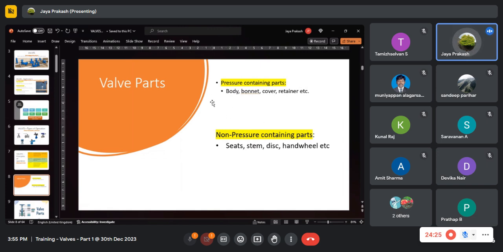These are pressure containing parts, because the main pressure is contained inside this enclosure. The other non-pressure containing parts are seat, stem, disc, wheel, fasteners, etc. The seat, stem, and disc are also called internal parts, also called trims.